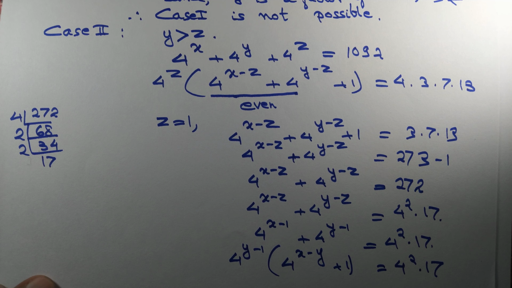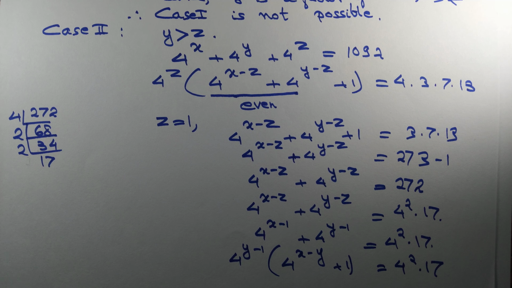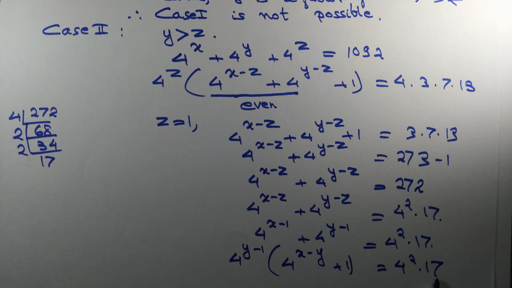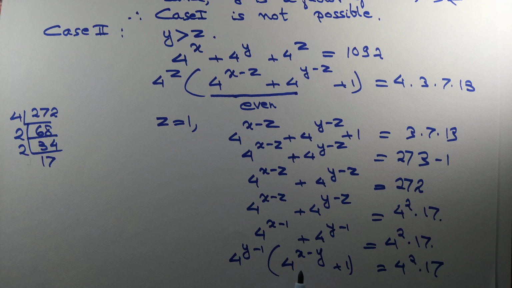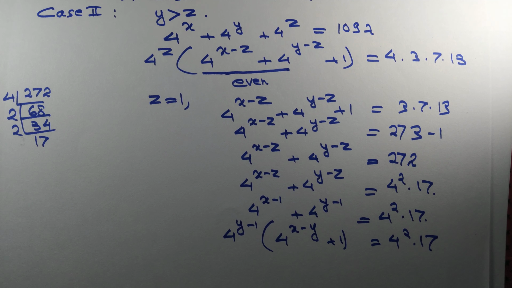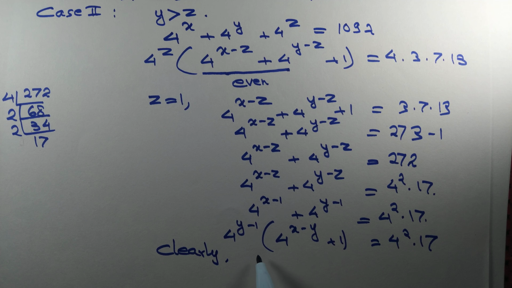But x may be equal to y. If x were equal to y, then this is just 2, and that cannot be true, because 2 times 4^(y-1) cannot be equal to 4 squared times 17, because you need 17 as a factor in the left hand side as well. So x is strictly greater than y, clearly.